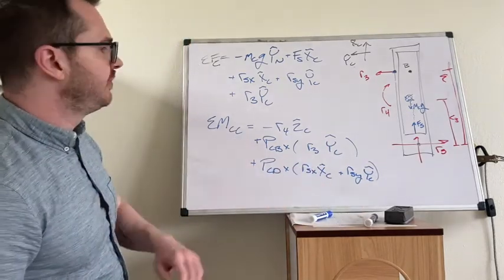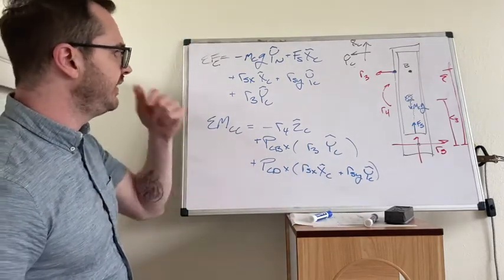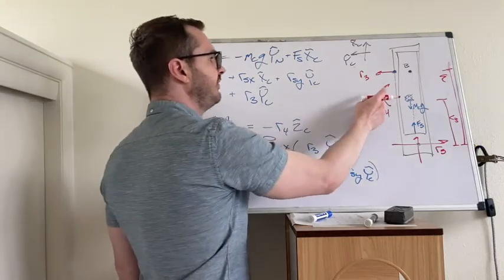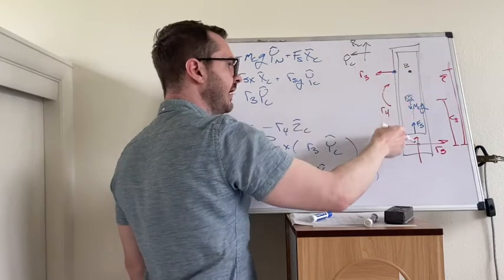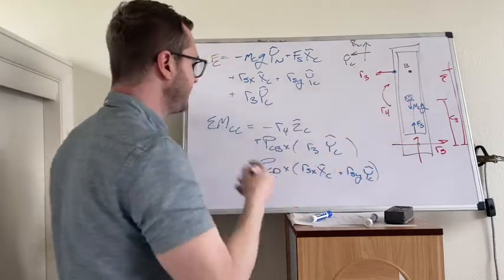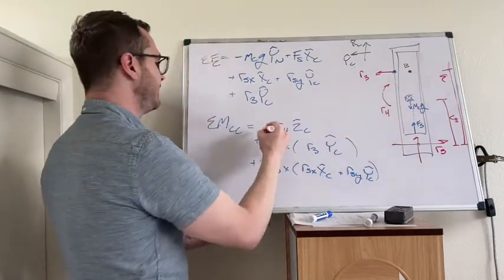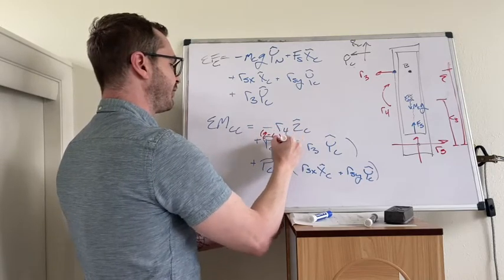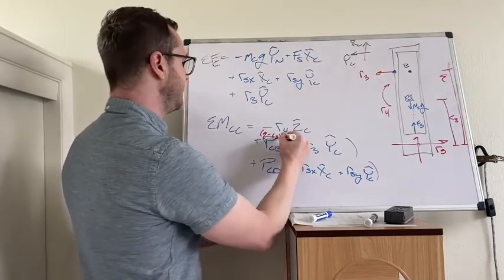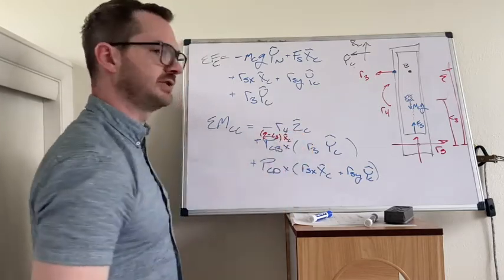Let's sort out these position vectors. P C to B, so from C to B. Well, if this distance is Q, and if this distance is L3, clearly the P C to B is going to be Q minus L3, and this is in the XC direction.